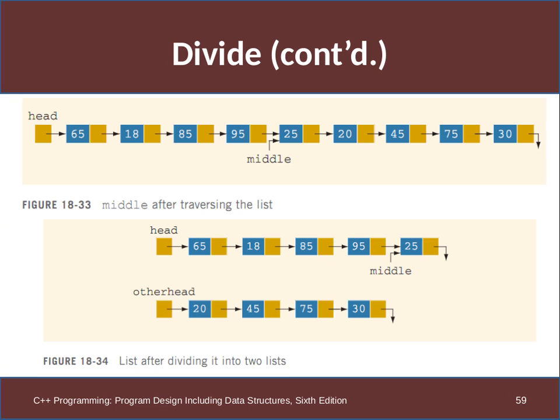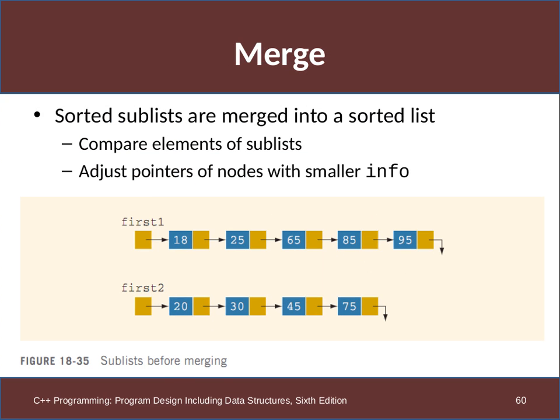So now you literally have 2 lists, the other head and the first head. Knowing that that ends in null, you call merge sort again on the 2 lists, because by making something in the middle go null, you've made the 2 lists essentially. You have the first head and then the second head. Then you would call merge sort.